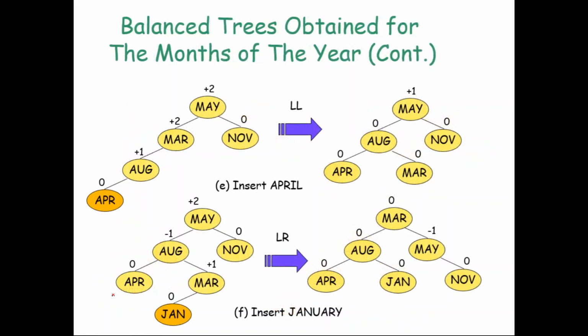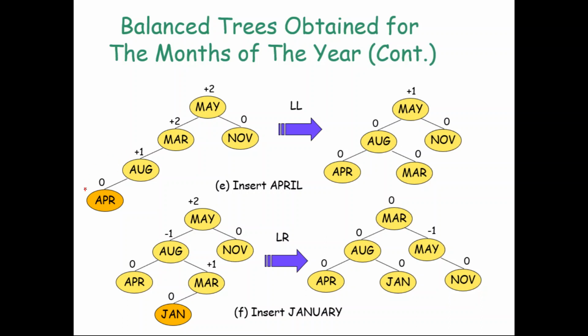Next, you are inserting April. When you insert April, unbalance is created at 2 places: in March, and also in May, right? So now what you have to take as a reference is whichever node where the unbalance is created is closer to the newly added node.